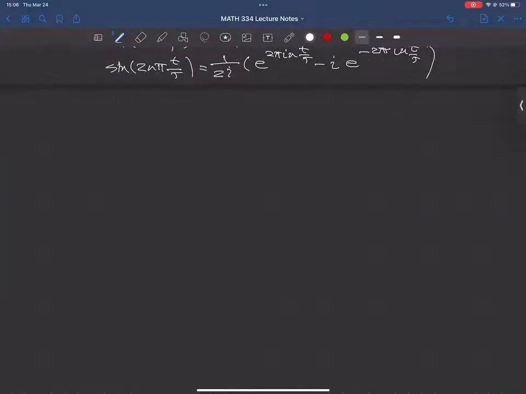Okay, so let's list some elementary properties of the CDFT. To do so, let's first recall some notation.